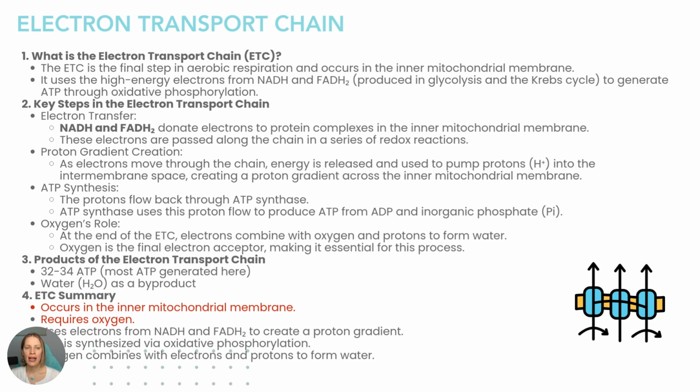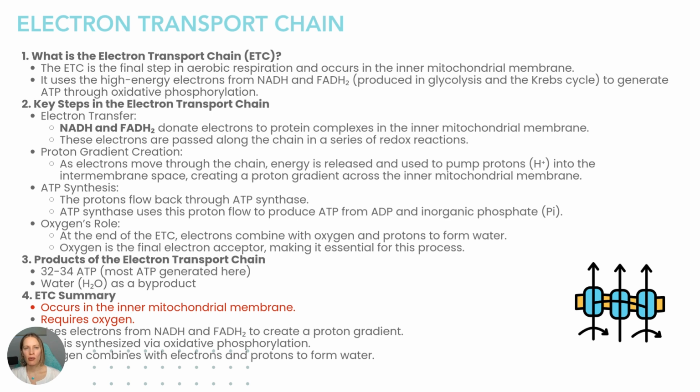It uses high energy electrons from the NADH and FADH2 to generate ATP, so more energy, electron transfer. So, the key steps here are that the NADH and the FADH2 donate electrons to protein complexes in the mitochondria. These electrons are then passed along the chain in a series of reactions.